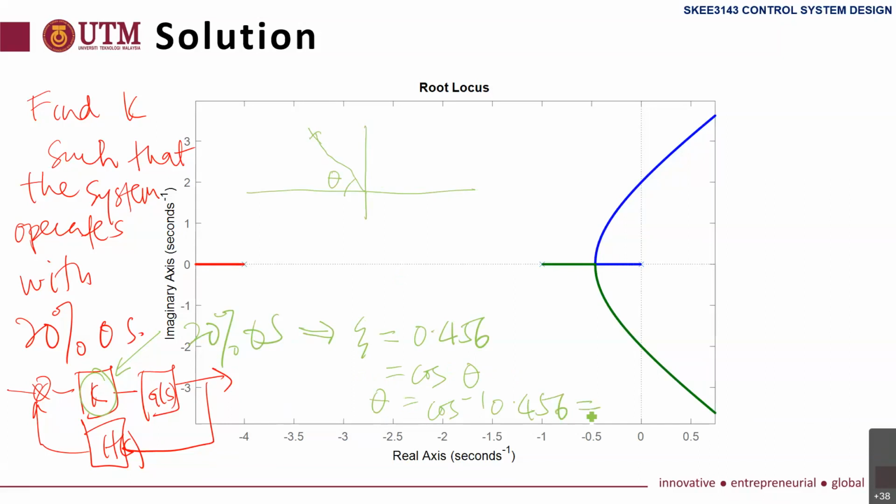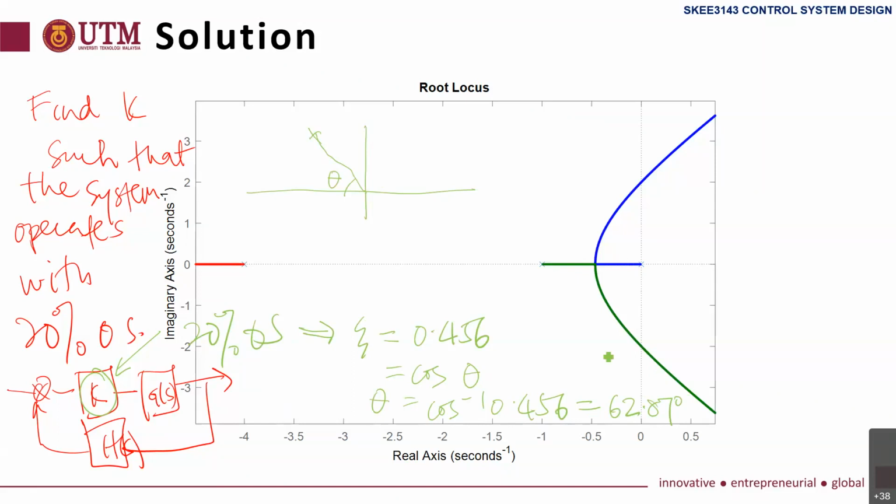I'm not sure of the value. Sixty-two degrees, 62.87 degrees.